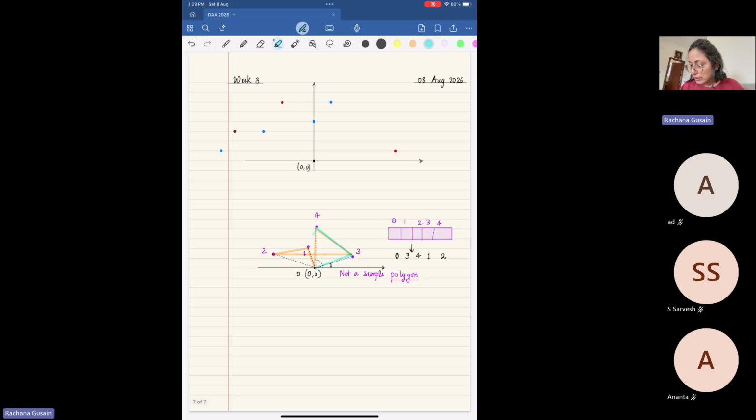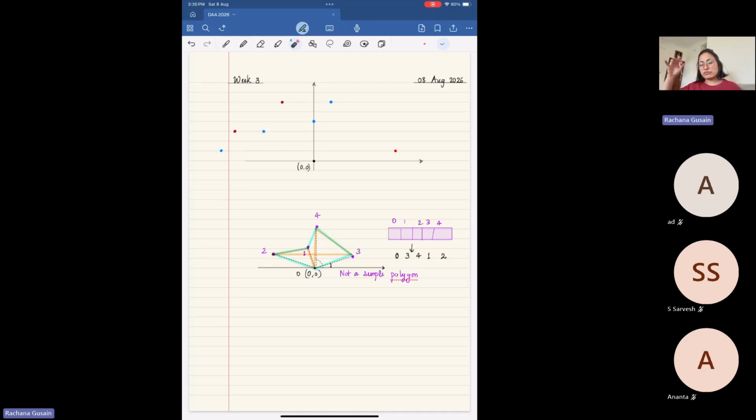Next is 1, I come to 1. Then it is 2, and we are done. So back to the origin. So see the difference between the blue polygon that I just drew and the orange polygon that I had started with. So this is going to be a simple polygon always.